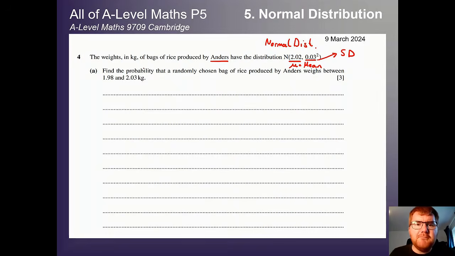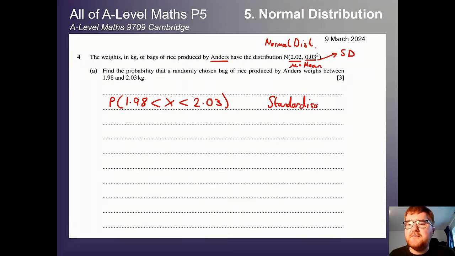Now, we want to find the probability that a randomly chosen bag of rice produced by Anders weighs between 1.98 and 2.03 kilos. So we've got our normal distribution already, and what we're looking for here is the weight to be between 1.98 and 2.03. The standard way of doing this is by standardizing our normal distribution.